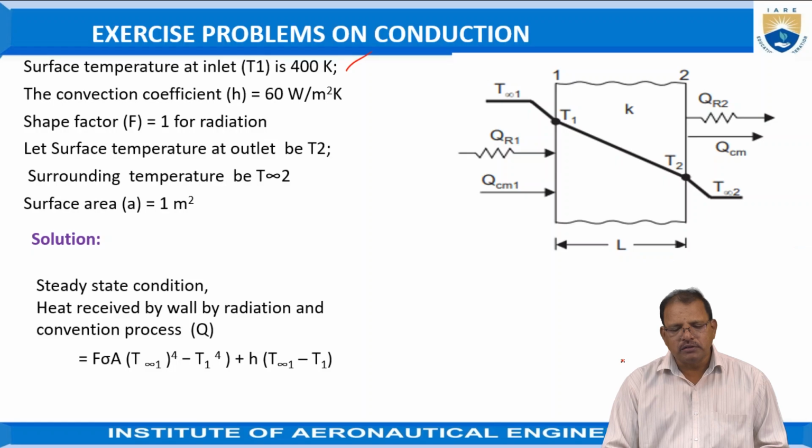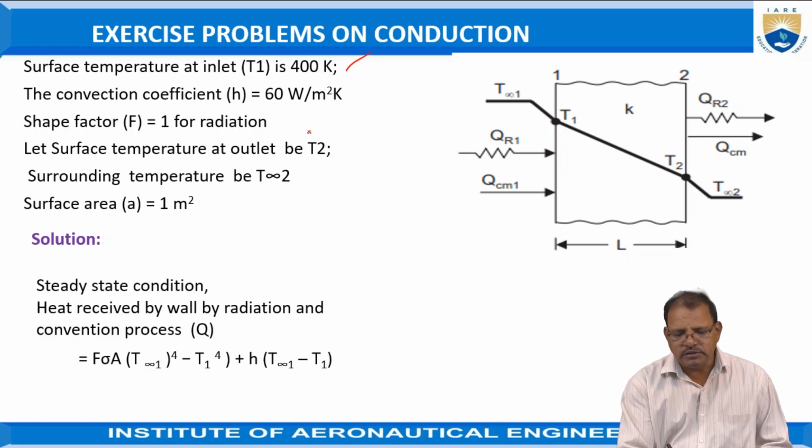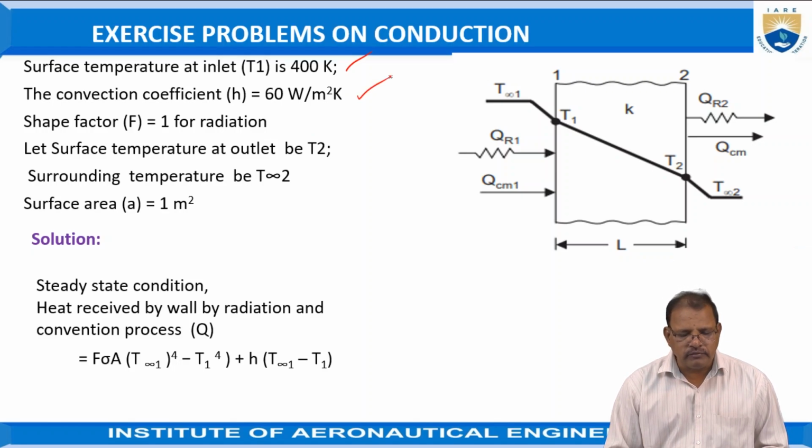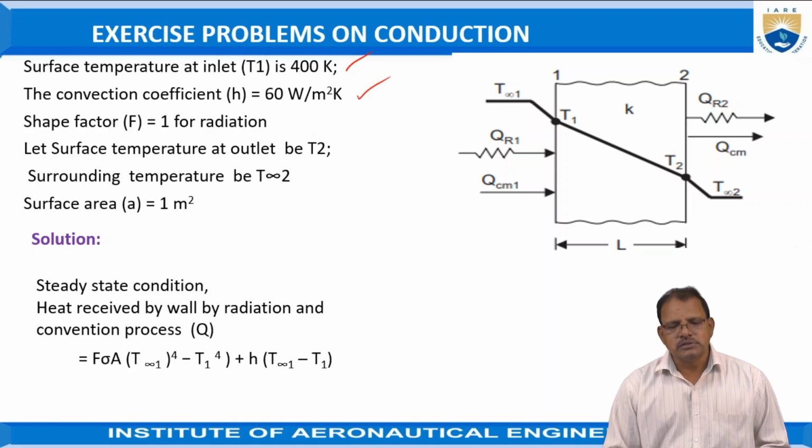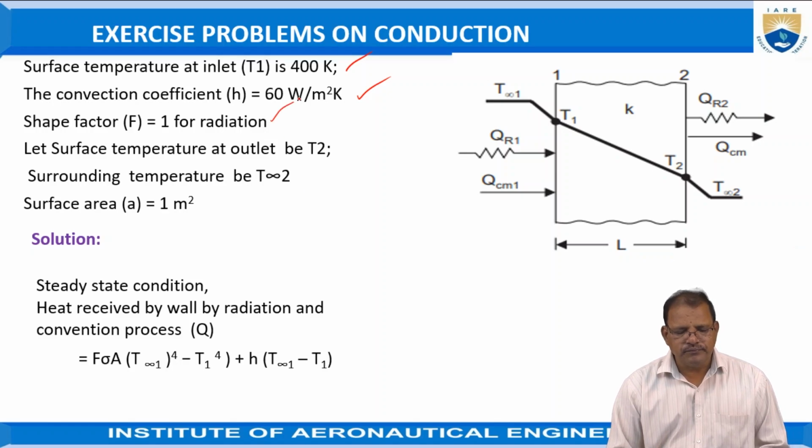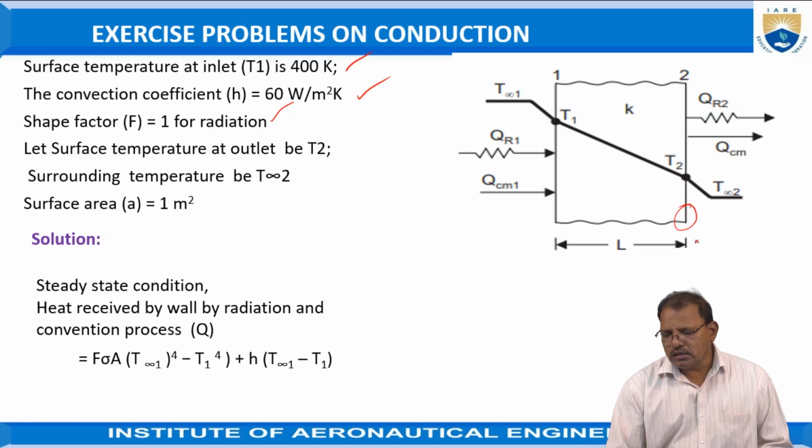The convection coefficient H for the air side is given as 60 watts per meter square per degree Kelvin. Shape factor, assume 1 for this radiation process. Let the surface temperature on the other side be T2.